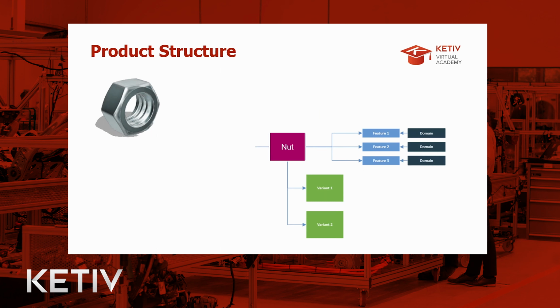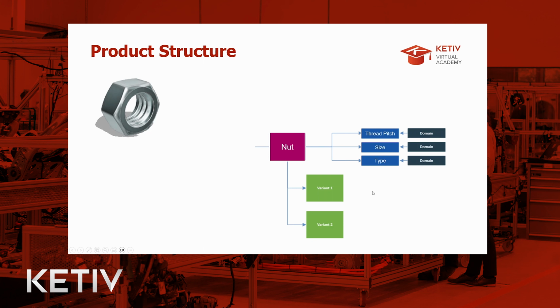So in the case of a nut, the nut would be our module. It's just a generalized term, nut, that could have multiple variants to it. So a nut is ultimately defined by, at least in this example, three different things. In this case, it's going to be the pitch of the thread, the size, and the type.